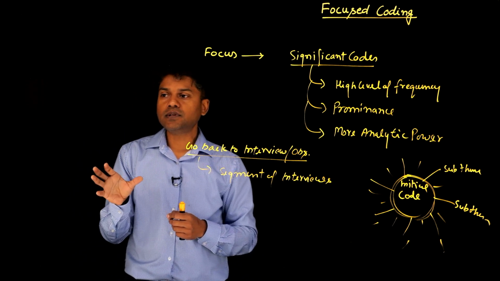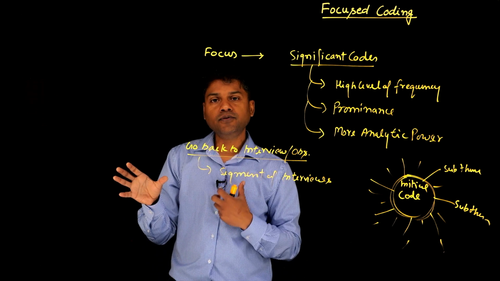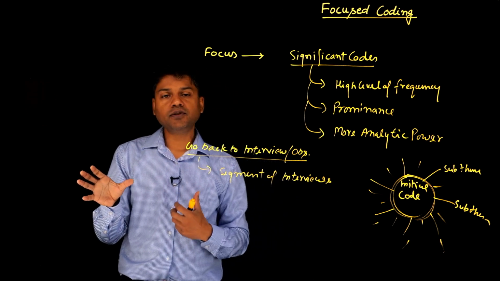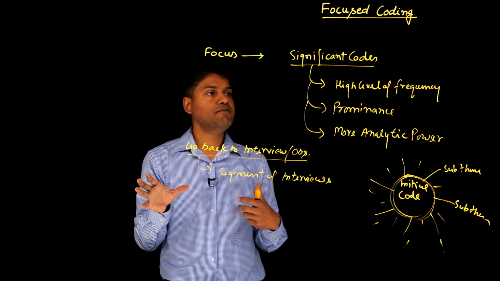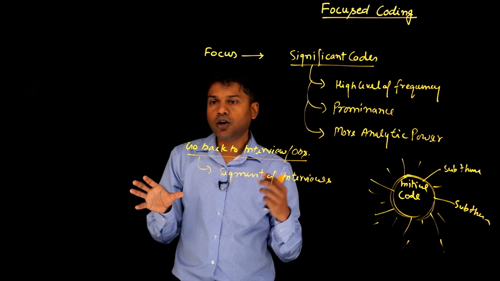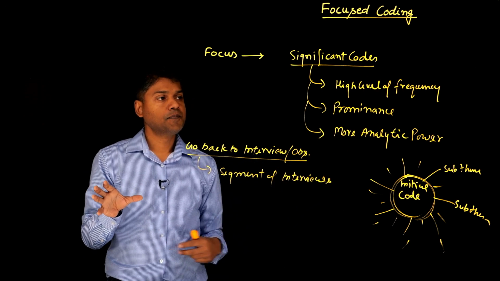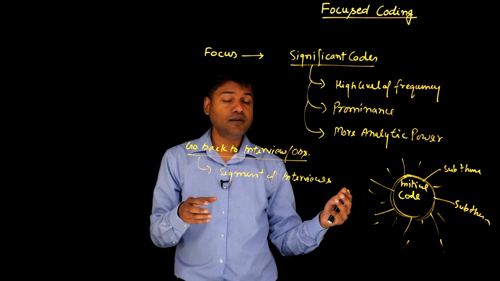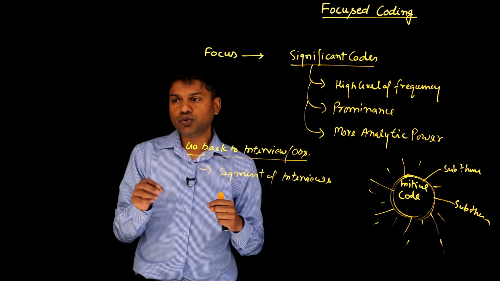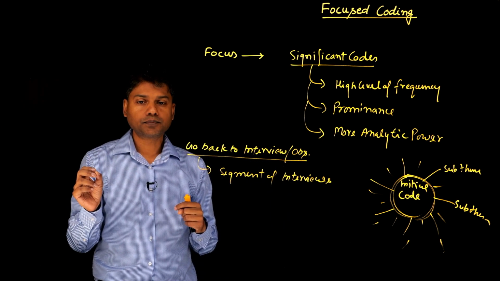What are the codes that, based on my interview experience, based on my readings of the data, based on the initial coding, seem to have more frequency across the participants? What are the codes that have more analytic power to explain the phenomenon? And based on those observations, you select certain codes.